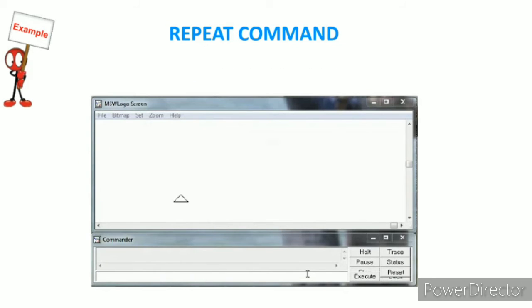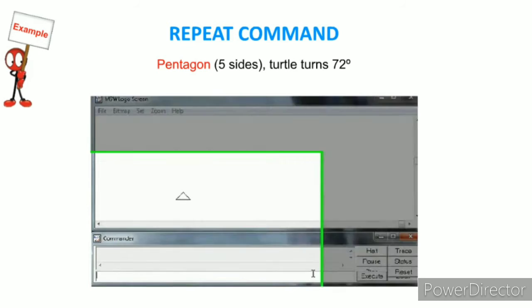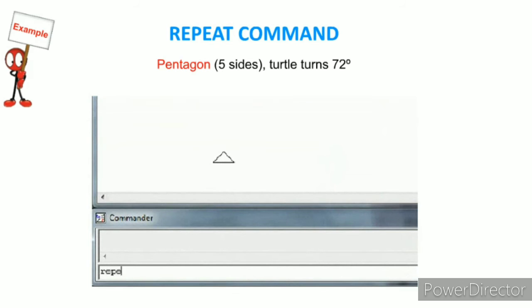Let us see how to draw a pentagon with repeat. A pentagon has 5 sides and so the turtle turns 72 degrees. So the command is repeat 5, bracket in, FD 100, RT 72, bracket close.